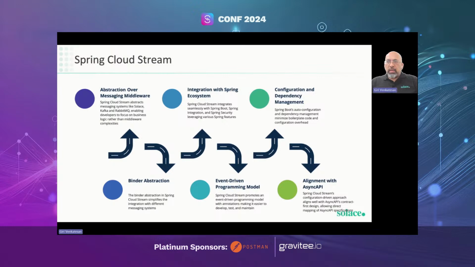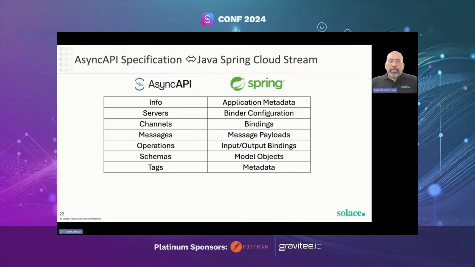And Spring Boot's auto configuration and dependency management, as always, significantly minimize boilerplate code and configuration overhead. Spring Cloud Stream's configuration-driven approach aligns seamlessly with AsyncAPI. Basically, AsyncAPI is contract-first design, enabling a direct mapping of AsyncAPI specification to event-driven microservices represented by Spring Cloud Stream.